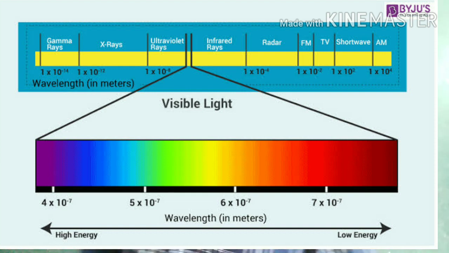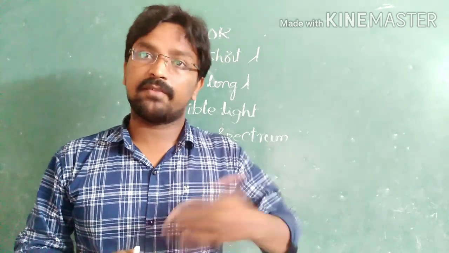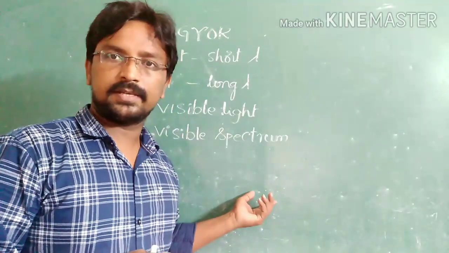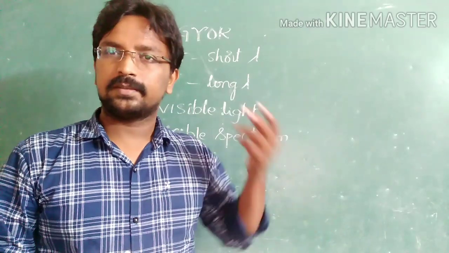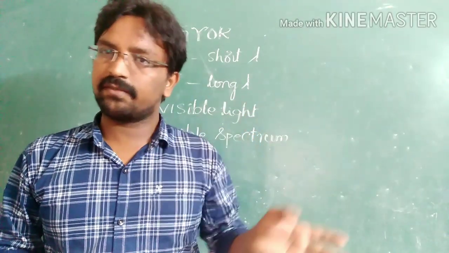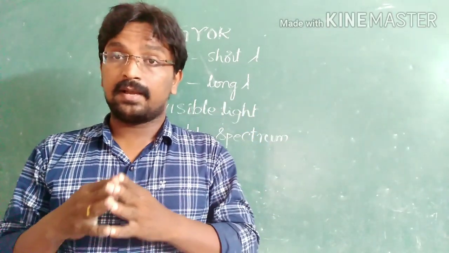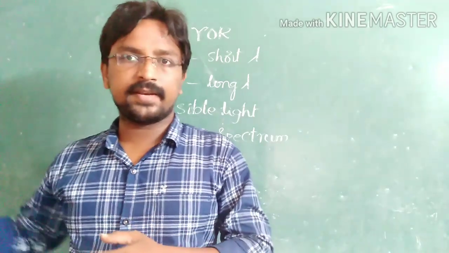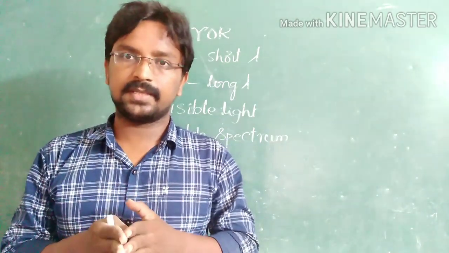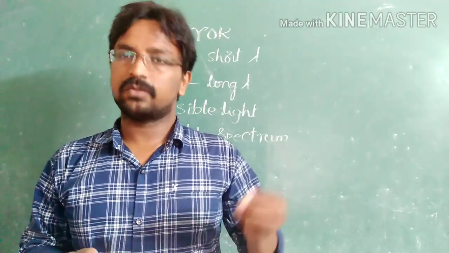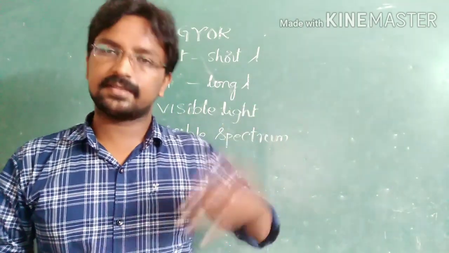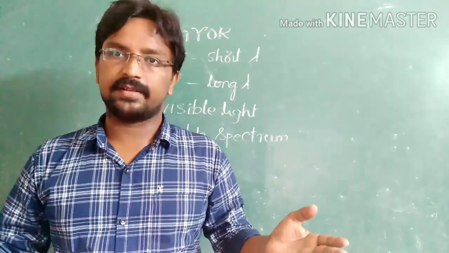Right? So here the question: is there any other wavelength beyond visible light? Just imagine, is there any wavelength more than red? Is there any wavelength less than violet? Yes, definitely. Wavelengths are present less than violet and more than red.